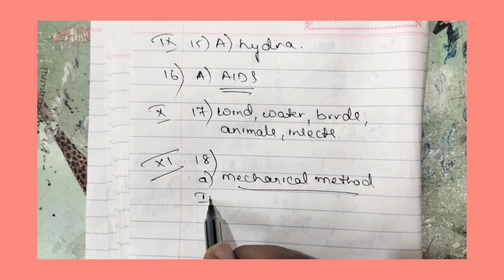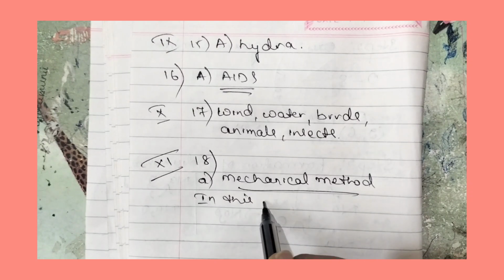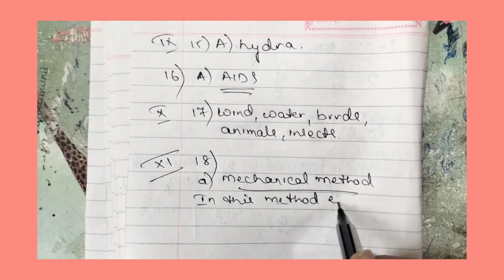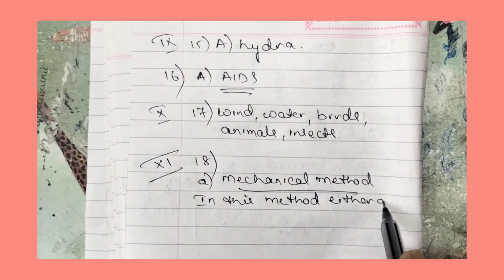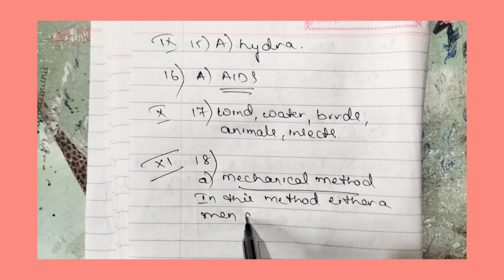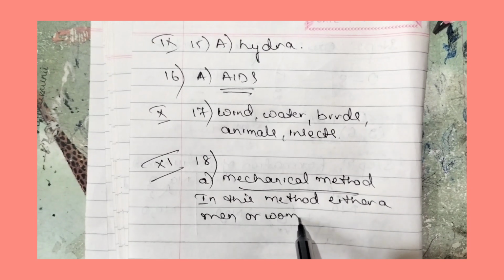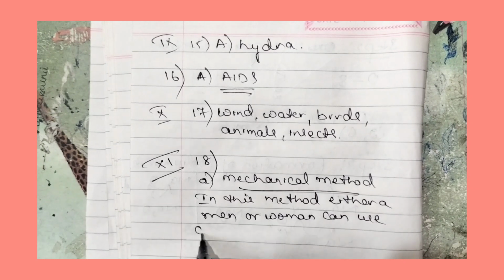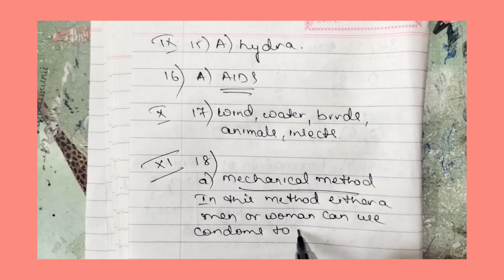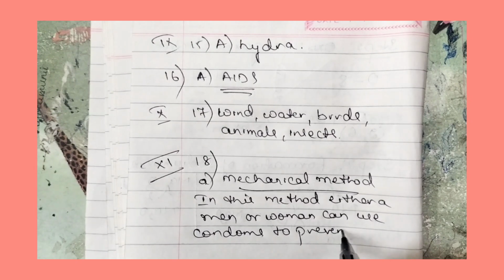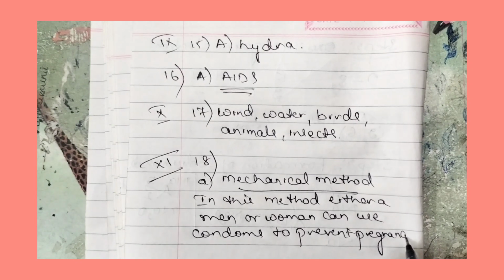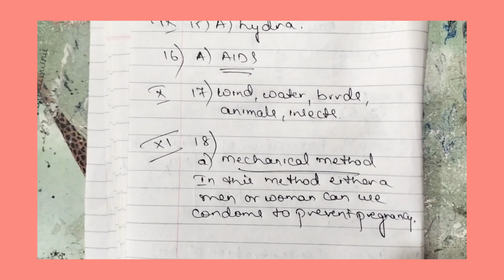In this method, either a man or woman can use condoms to prevent pregnancy. So using condoms is the mechanical method.